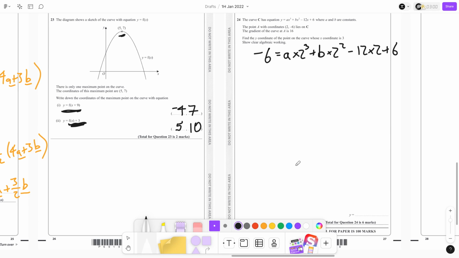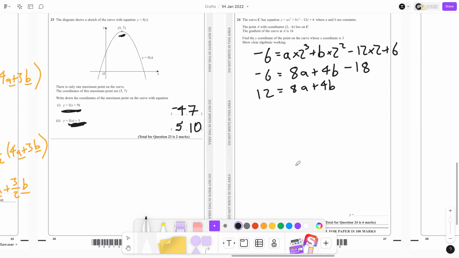So we've got -6 equals 8A plus 4B minus 24 plus 6, minus 18. Take that over, 12 equals 8A plus 4B.